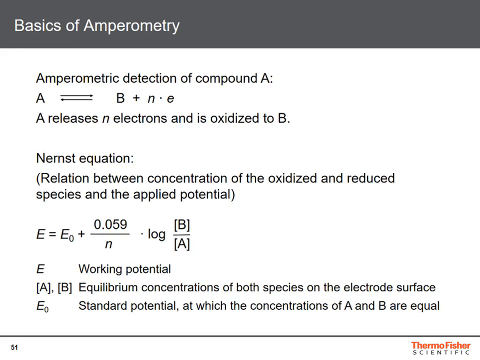The whole process is described by the very famous Nernst equation, describing the relation between the concentration of the oxidized and reduced species and the applied potential. In the formula below, we see the standard potential E0, and this is the potential at which the concentration of A and B are equal.